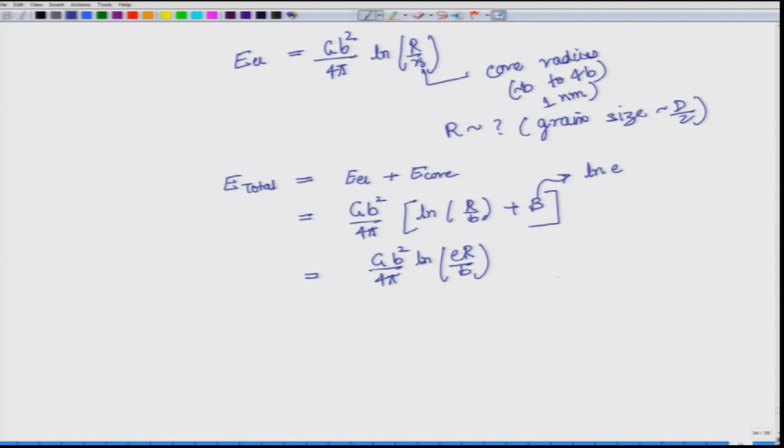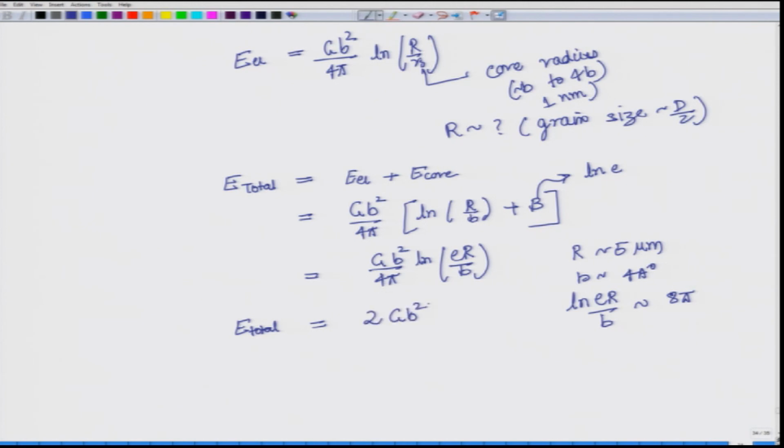Now, if you take the usual values, something like R equal to 5 micrometer, b equal to 4 angstroms, then ln eR by b can be taken approximately as 8 pi, and if it is equal to 8 pi, then it means that E total becomes, so this becomes 8 pi. So, 8 pi by 4 pi there is 2. So, it is equal to 2 G b square.